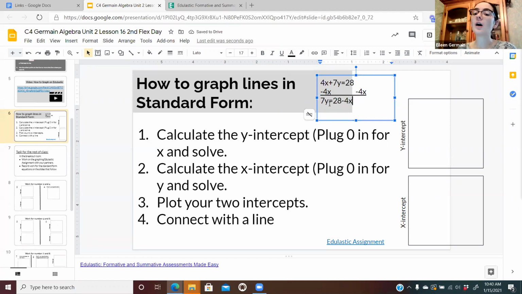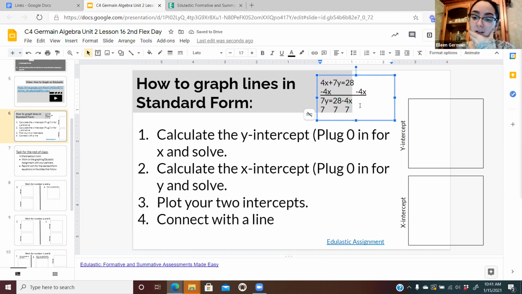You can solve it to get the y by itself by dividing by 7, but you need to remember you need to divide all of the terms on the right side by 7. So each one individually, divide by 7, divide by 7.